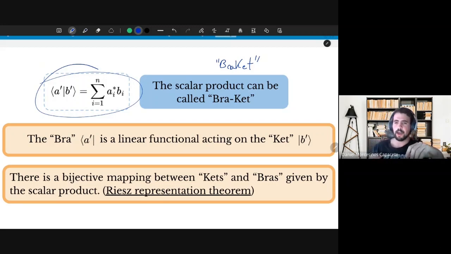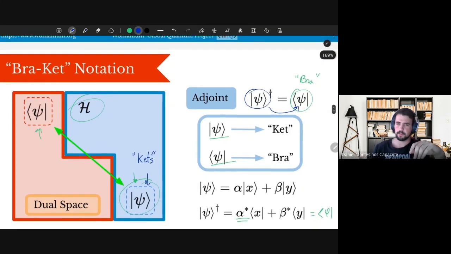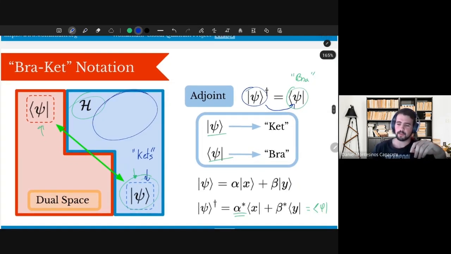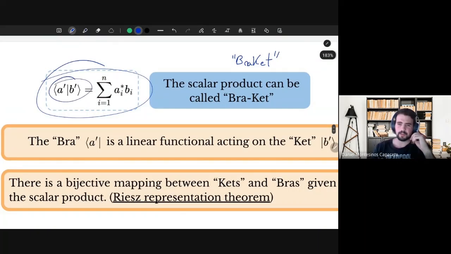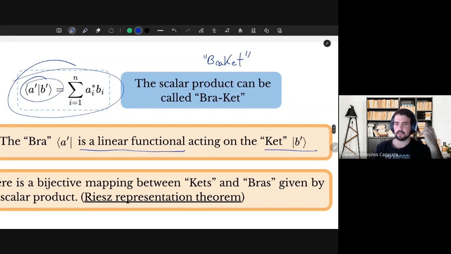But I told you before that you have your Hilbert space and you define the dual space, and the dual space is related to linear functionals. So when we talk about the bracket, what we are really saying is that the bra, that is a vector of the dual space, is a linear functional acting on the ket, giving us a complex number, and that complex number is going to be the scalar product.